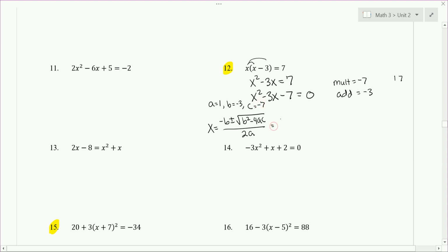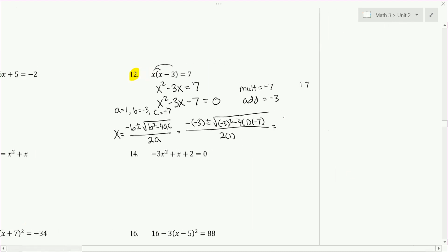Plugging those numbers in, we get negative 3 for b, plus or minus the square root of negative 3 squared minus 4 times 1 times negative 7, all over 2 times 1.